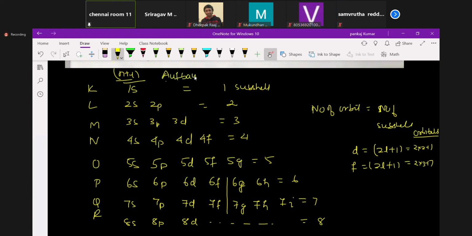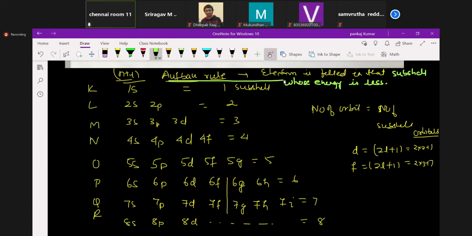What is the Aufbau rule? The Aufbau rule says that electrons will be filled in that subshell, not orbit, whose energy is minimum, whose energy is less.